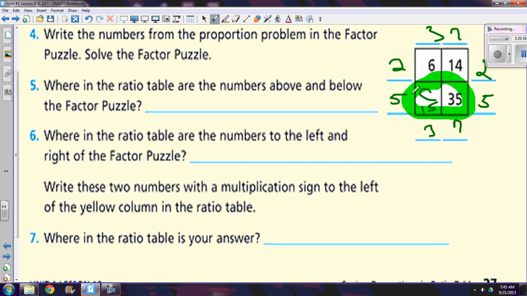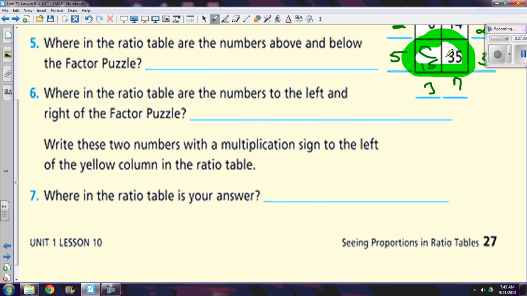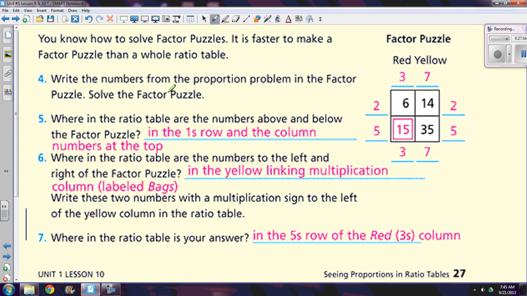So in your black notebook, I'm just going to shoot this up on the screen here. And it says where in the ratio table is the answer? It's right there. It would look like this. So in your black notebook, you should have the factor puzzle completed. Notice they put a box around the 15 because that's the C, the variable.